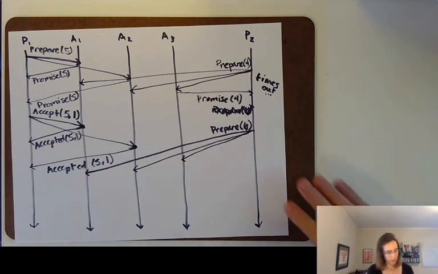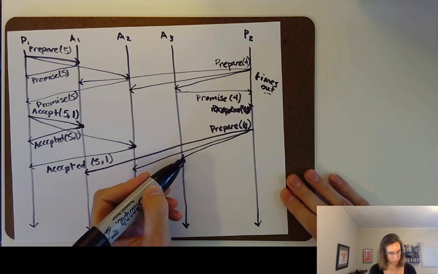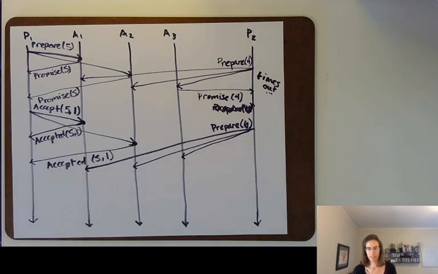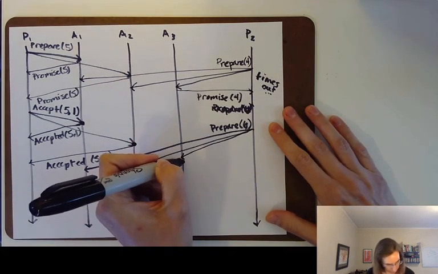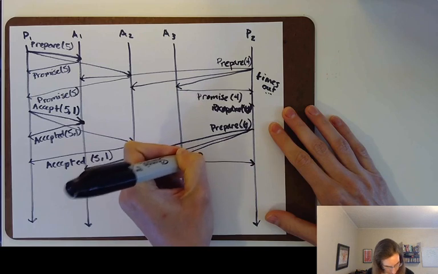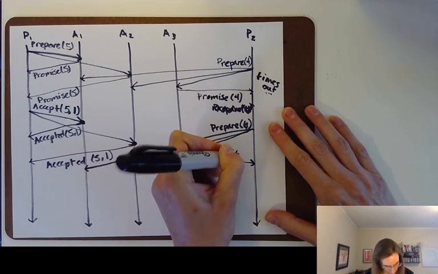So A3, what does A3 respond with? Well, A3 hasn't accepted anything, right? So A3 can just respond with promise 6 right here. There's nothing stopping it from doing that.